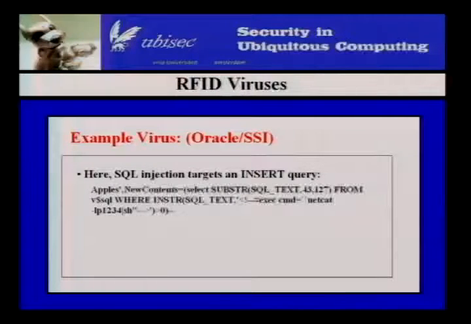What you do now, you would have apples. Instead of having old contents equals apples, now we just have apples. You close off with a backtick this time, because of course we're using an insert query. And once you close the backtick, it goes on with the rest. Essentially you then add something it doesn't expect. You set the value of new contents equal to, and then you can see this self-replicating part again.